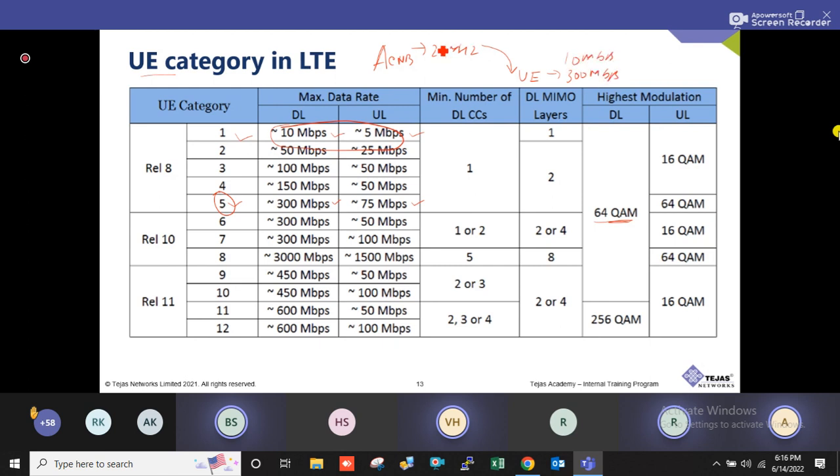So even if an eNodeB wants to give you more data rate, the UE can decode only 10 Mbps. So the throughput of an LTE network also depends on what sort of handset we are carrying, right?